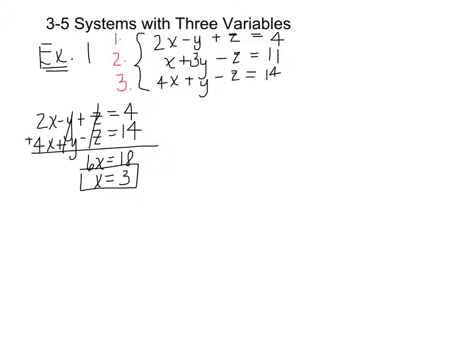So then you pick two different rows, because I just used 1 and 3. And maybe we can use 1 and 2. And since we already have x, I'm just going to plug that in.